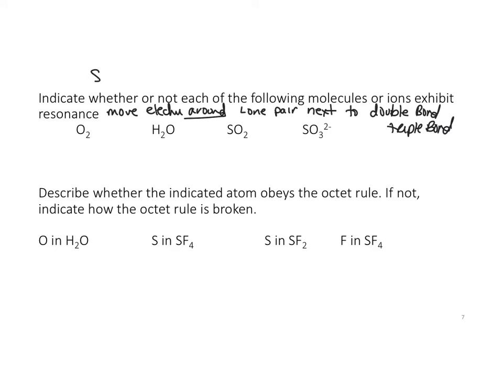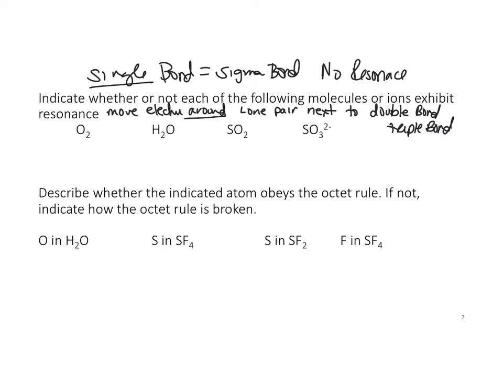The single bonds, the ones that connect the atoms together, we call those sigma bonds. And they hold the elements together, and they have no resonance. If you get compounds that have lone pairs next to double or triple bonds, then absolutely resonance.